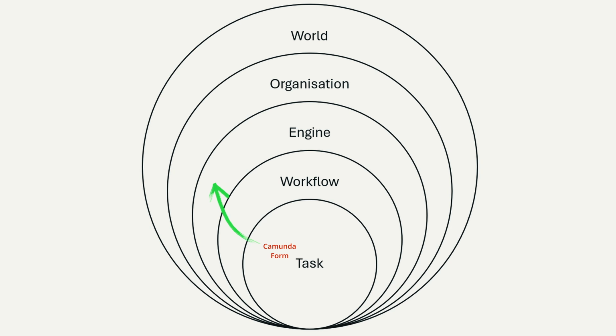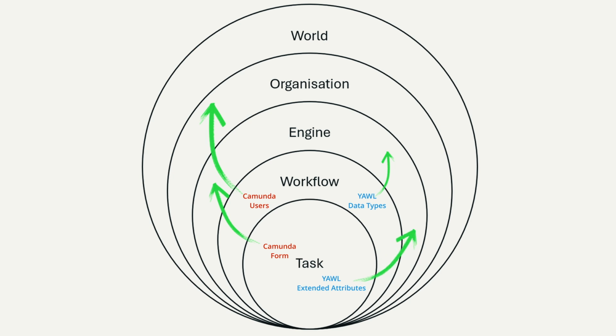Camunda defines users and roles at workflow level, but they should be defined at organization level. And YAWL defines data types at workflow level, but they should be defined at engine level. And YAWL defines extended attributes at task level, but they should be defined at engine level.